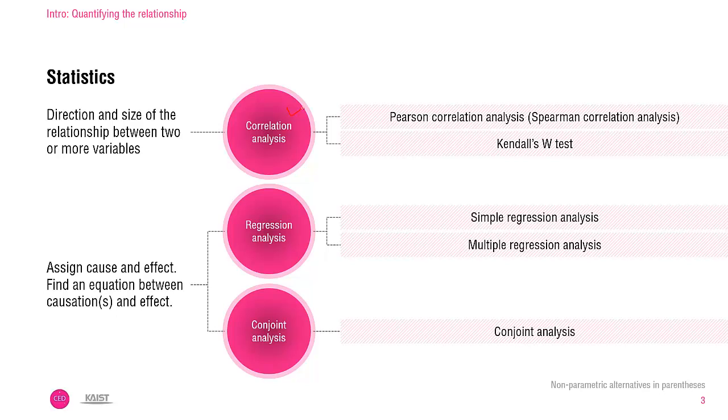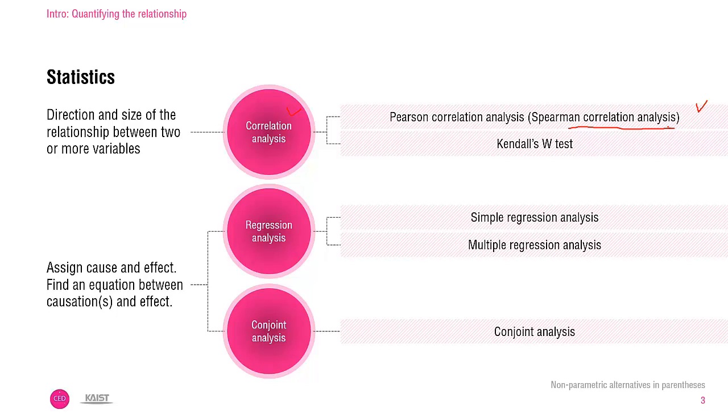In correlation analysis, the Pearson correlation analysis is the most typical technique. A non-parametric alternative for this is Spearman correlation analysis.